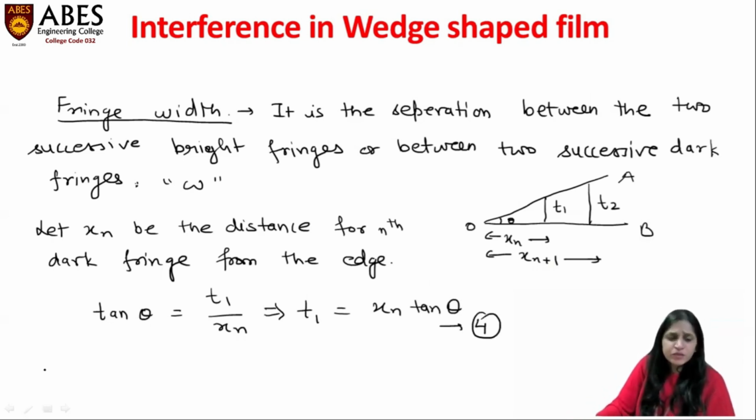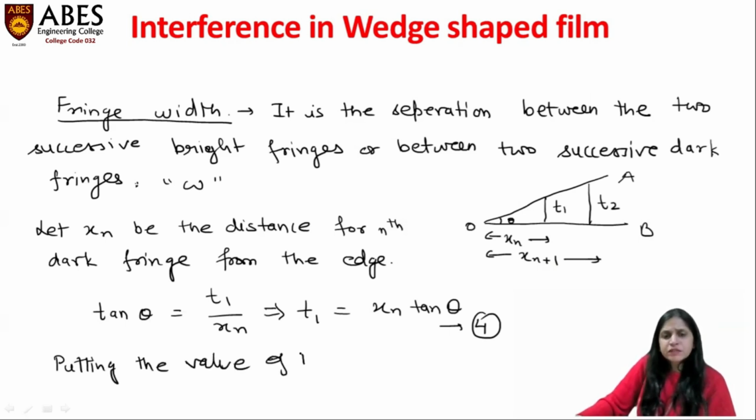Now, if we put this value from equation number 4 in equation number 3, that is the condition of minima for the case of wedge shaped film. Putting the value of T1 from 4 in 3.